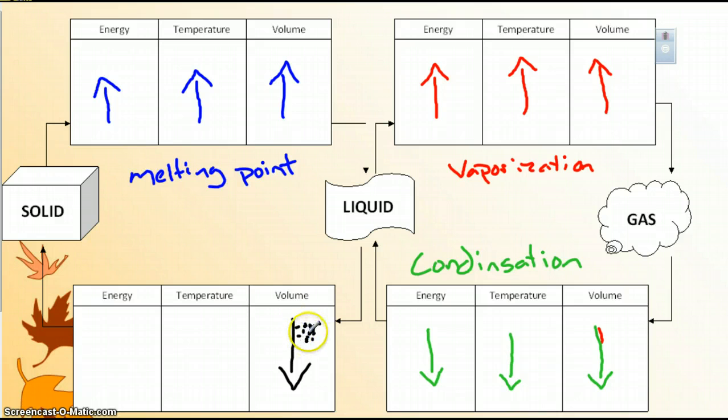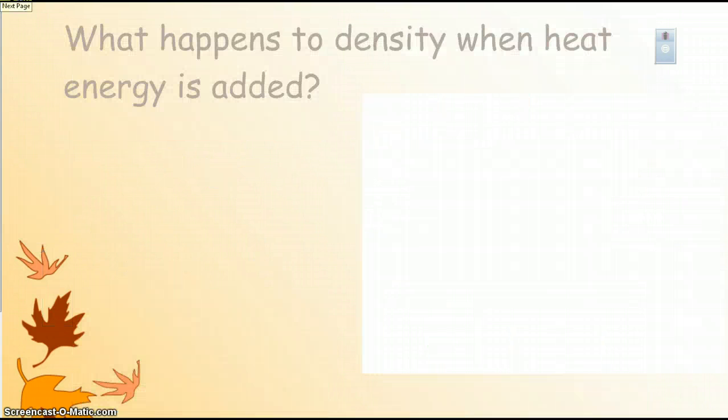They're getting close to the vibrating stage. Temperature is decreasing, and because temperature is decreasing, energy is decreasing. We call this the freezing point. Okay, so there's that. Moving on.